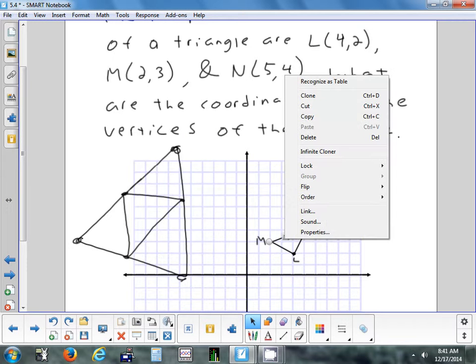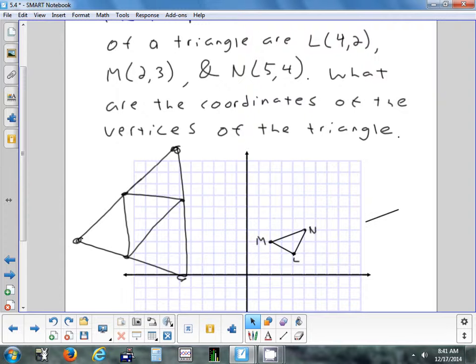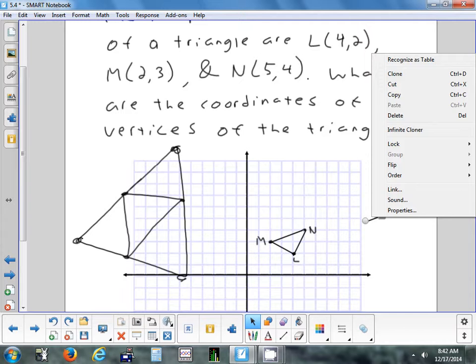Let's make a copy of it. Okay, so I got MN, and you find the length of it, which, well, we could use the distance formula. And then you multiply it by 2. Actually, I can just do that visually.